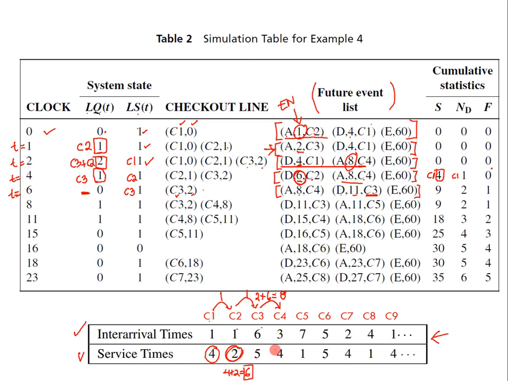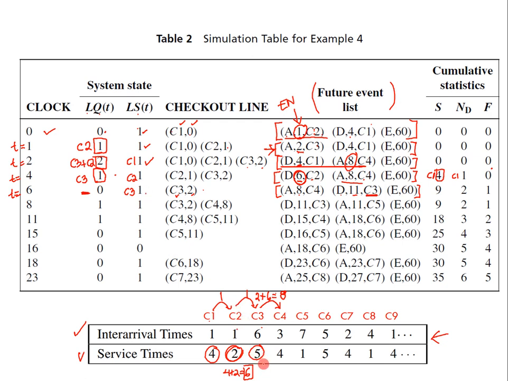So how do we know it is time 11? Let's see. Customer 3 takes 5 minutes. Customer 3 received service at time 4, right? No, at time 6. At time 6 customer 2 departed, so customer 3 received the service.